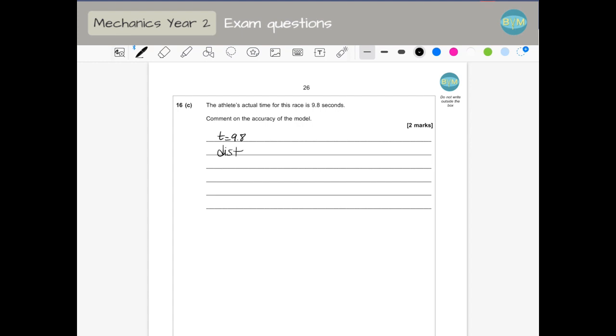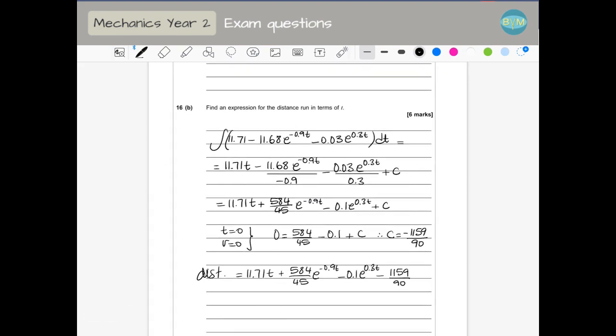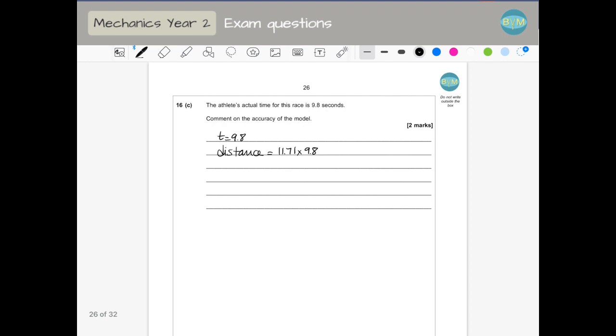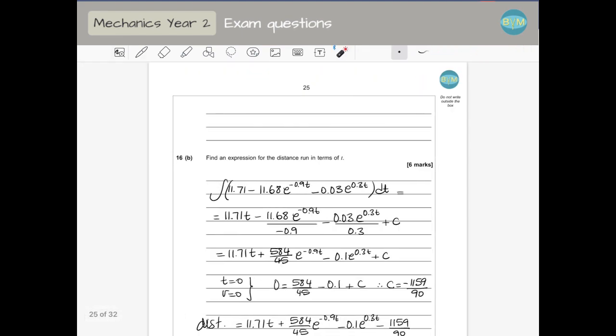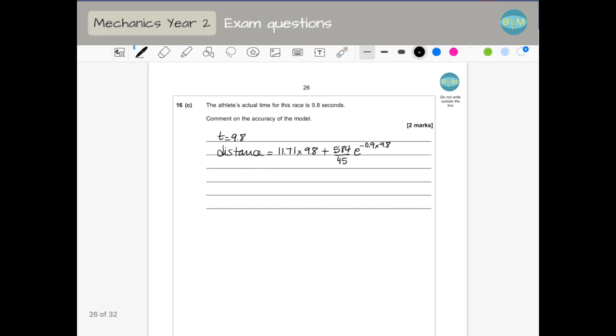So the distance is going to be 11.71 times 9.8 plus 584 over 45 times the exponential, and the last one, I'm just substituting in the expression, yeah? Minus 0.1.